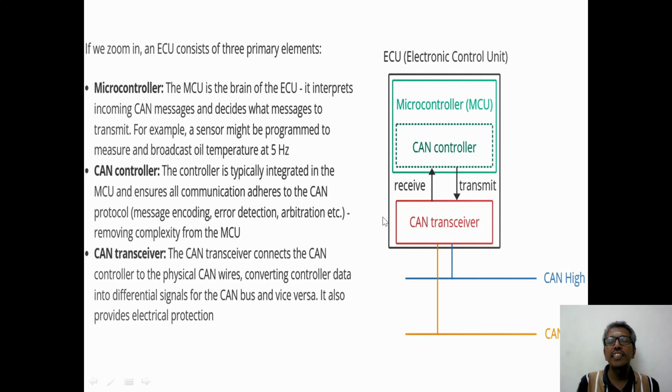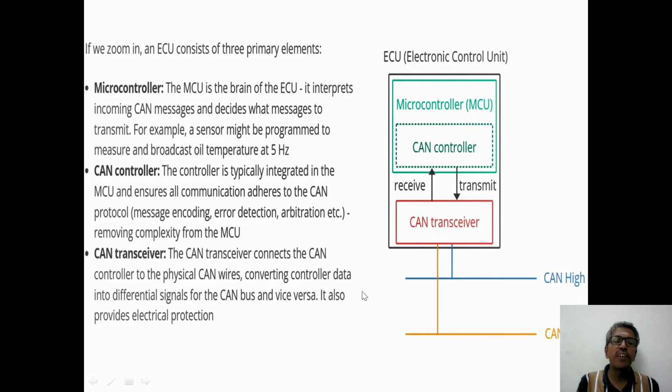So the CAN transceiver will receive the data from the devices and send it to the microcontroller. The microcontroller will do the operation. Then the results will be given as actions to the devices through the CAN controller and CAN transceiver. Here also we have two buses, CAN high and CAN low.